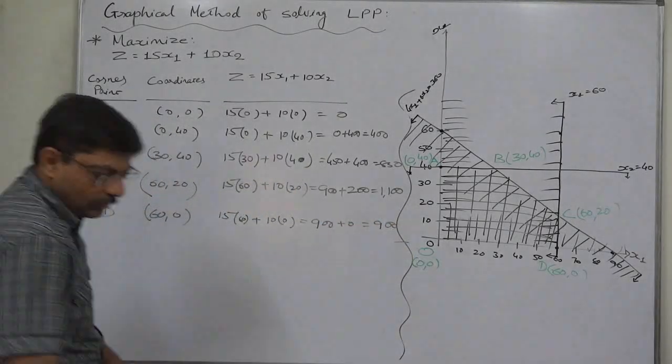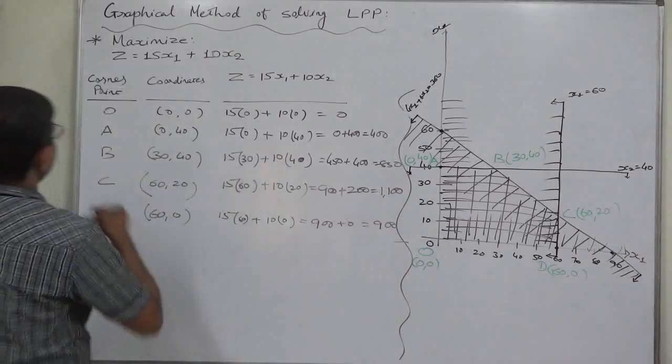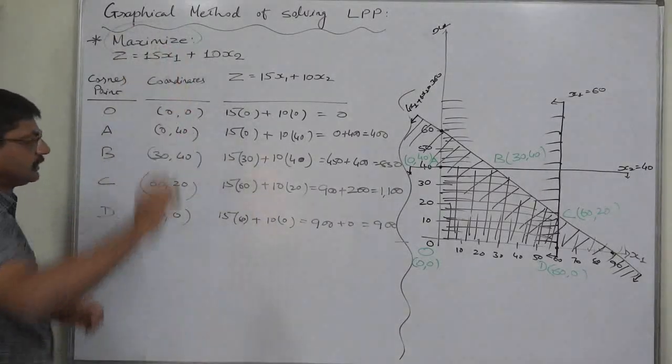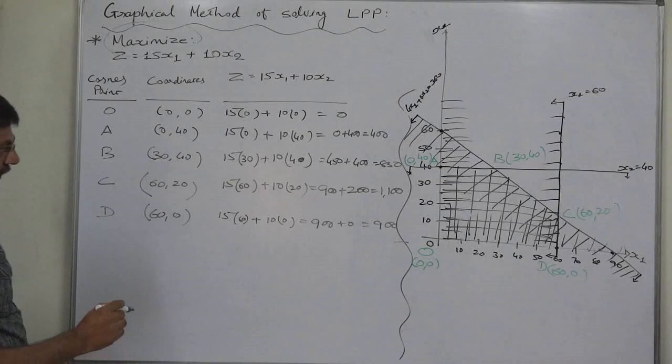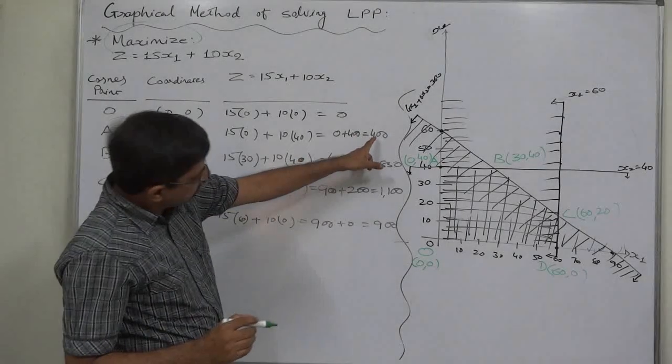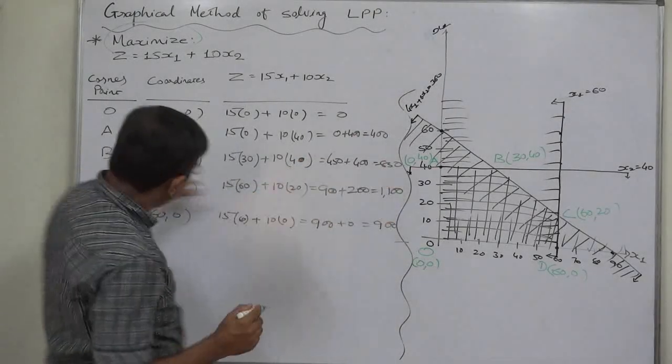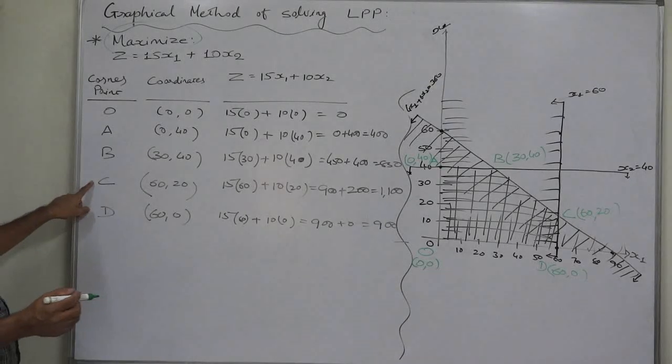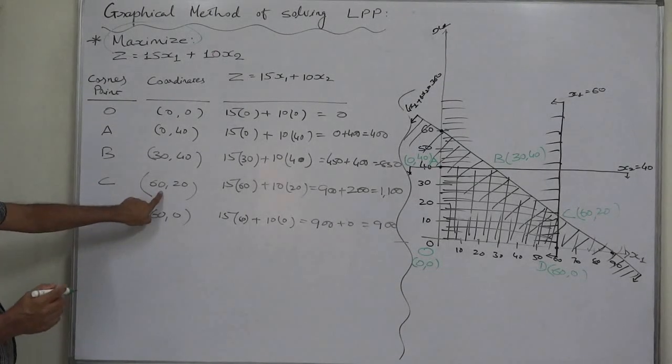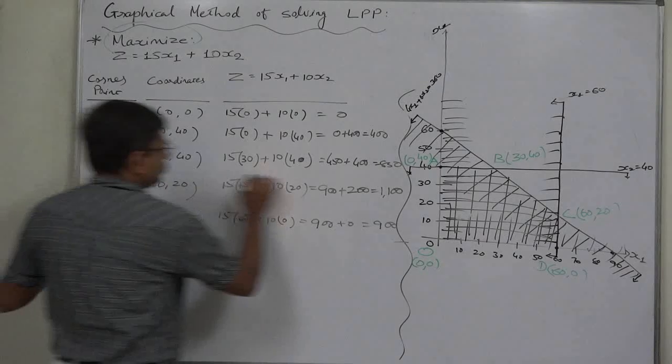What is the objective? The objective is to maximize the value of the objective function, and the objective function takes its maximum possible value at vertex or corner point C, where x1 is 60 and x2 is 20.